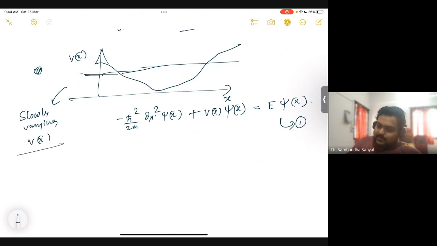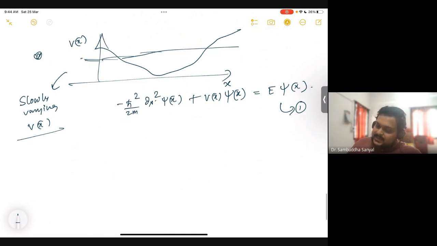Now notice one thing, that I am saying it very qualitatively. So I said slowly, okay, slowly compared to what? Slowly compared to the length scale of the de Broglie wavelength, right? But we'll give a more precise definition, so don't worry about it. That will come in the form of a precise mathematical inequality.